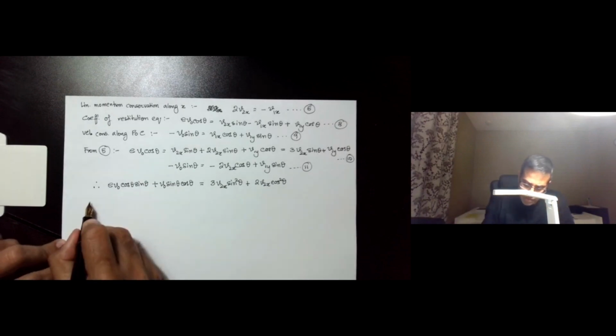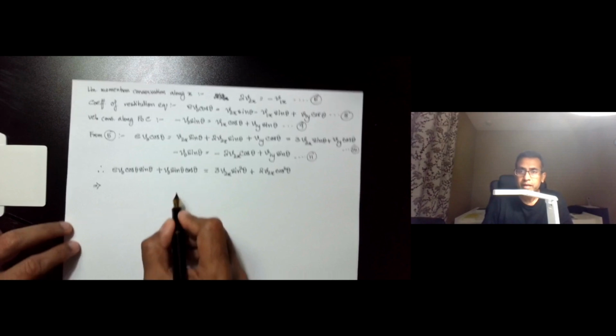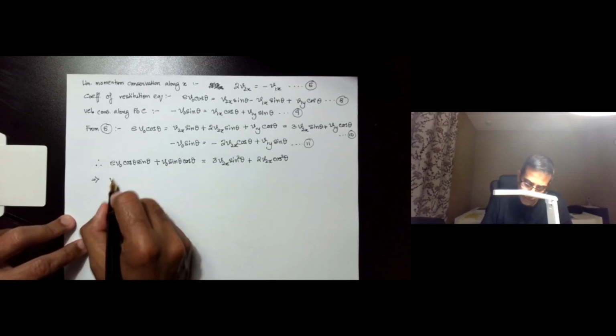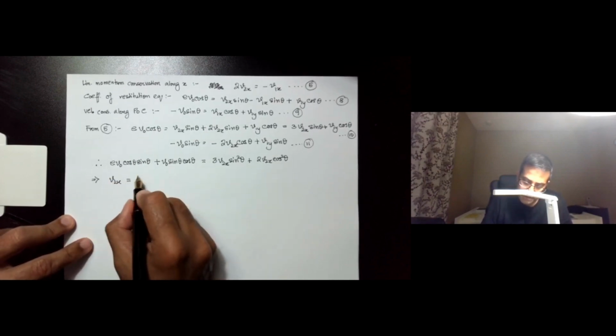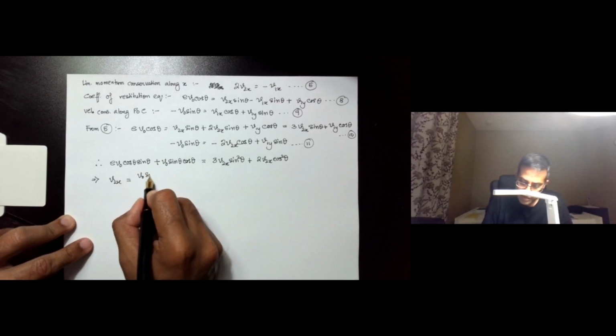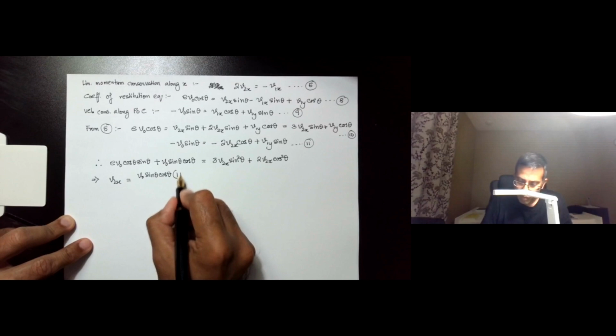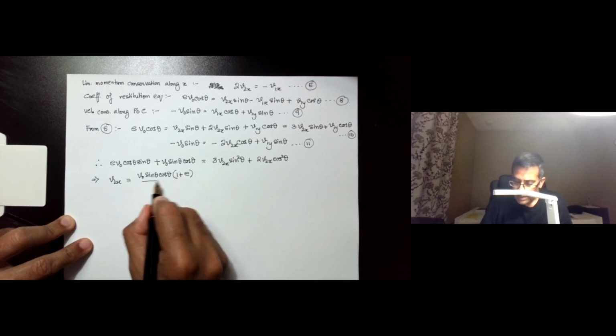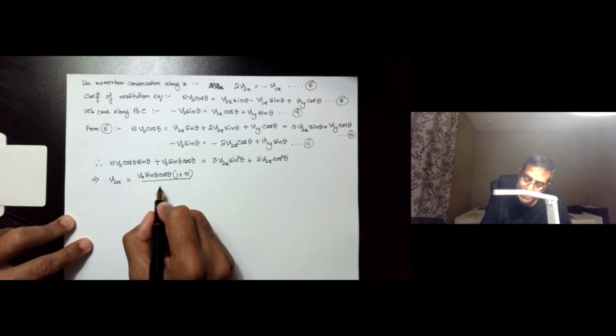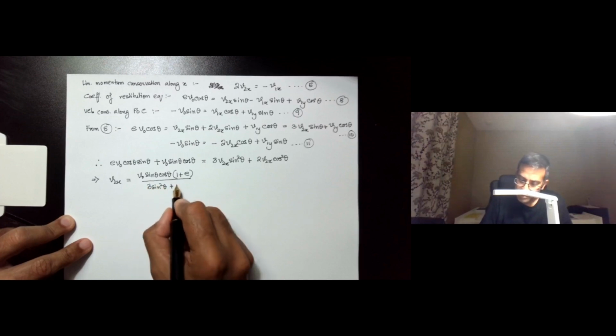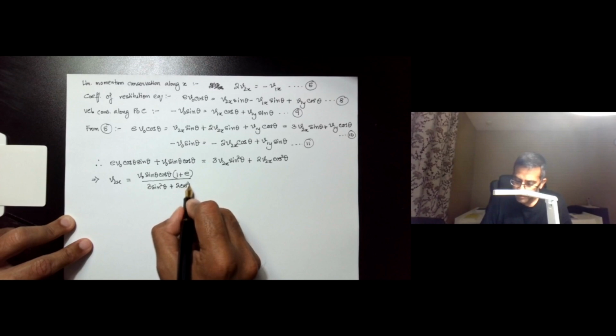So in other words, v2x turns out to be v0 sine theta cosine theta times 1 plus e, divided by 3 sine squared theta plus 2 cosine squared theta.